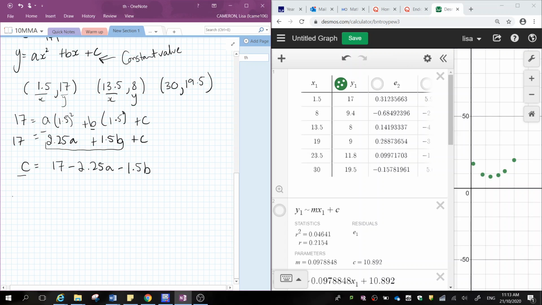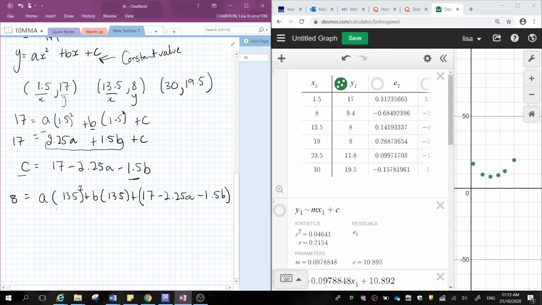Okay, so now 8 equals a times 13.5 squared plus b times 13.5 plus, now this is my c value. So 17, I'm going to put a bracket around this, minus 2.25a minus 1.5b.